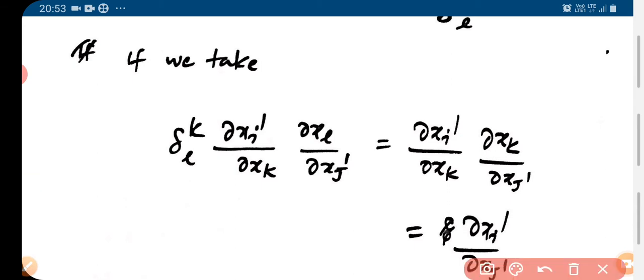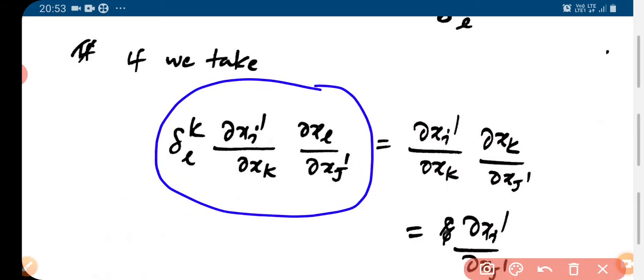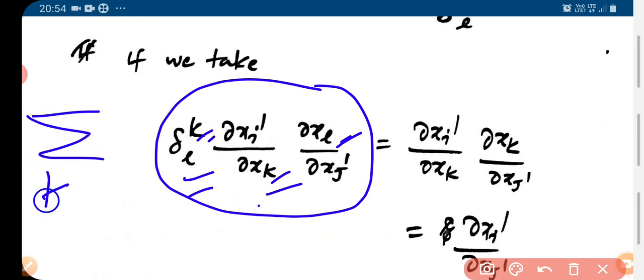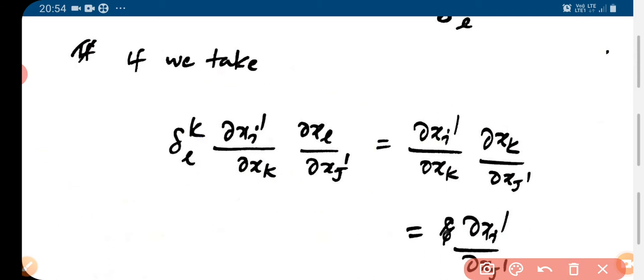We take δ^k_l ∂x_i'/∂x_k ∂x_l/∂x_j'. Here l is repeating, so we have to sum over l, and k is repeating, so we have to sum over k. Summation over k and l is implied.